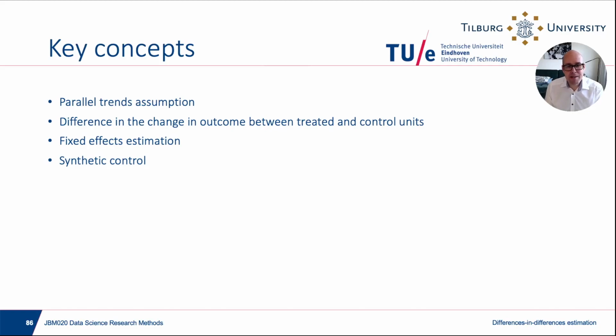So we estimate how big the selection effect is, and that then allows us to learn about the treatment effect without random assignment. And the last thing I put here is the synthetic control method, because at the end of the day, this is one of the generalizations that is probably most promising as a development here.